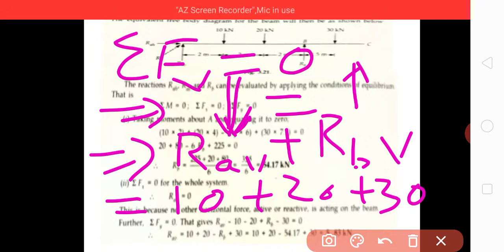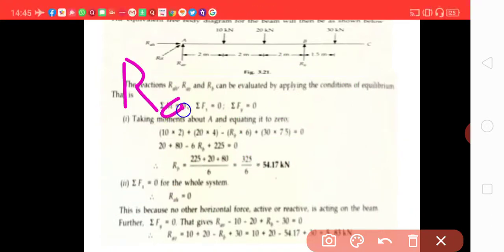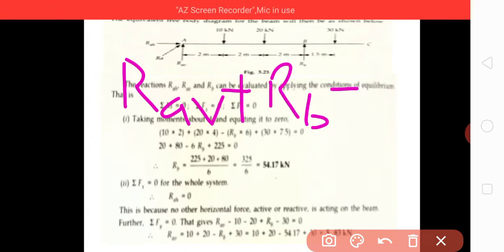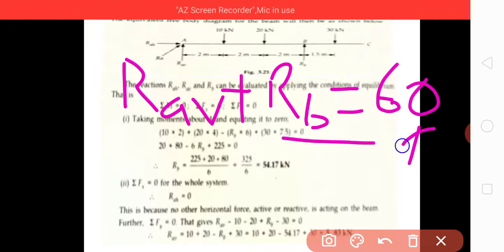So RAV plus RBV equal to 60. Equation comes out to be RA vertical plus RB equal to 60. This is your first equation.